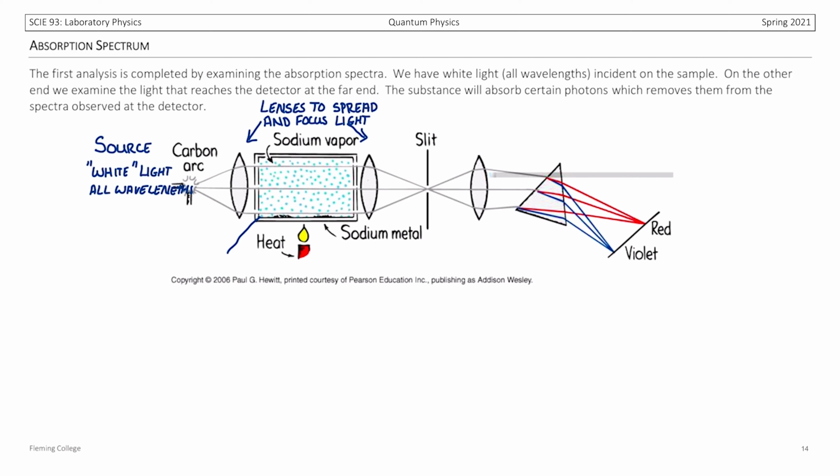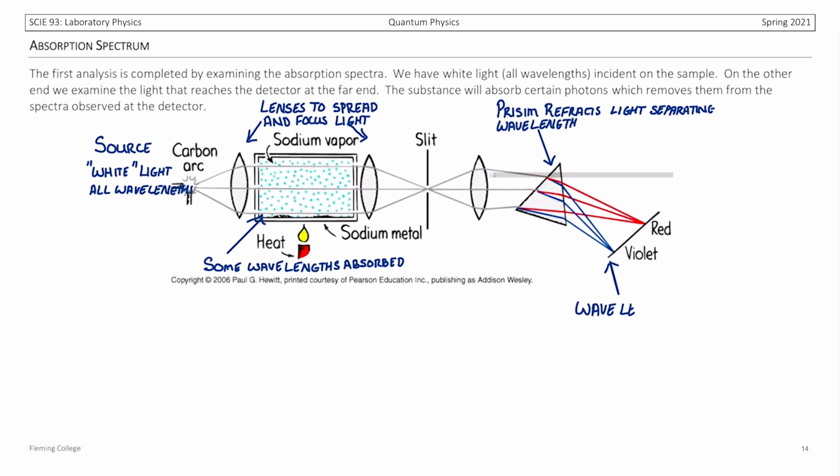Now, as the light passes through our substance, as we saw before, some wavelengths are absorbed based on how much energy they're carrying and the interactions they have with electrons in the substance. After traveling through another lens to refocus, a slit to begin the expansion process, and a lens and a prism to refract the light to separate the wavelengths, we would be able to observe all of the wavelengths that were able to pass all the way through our sample.